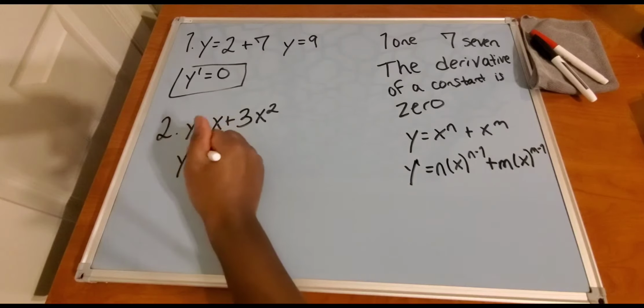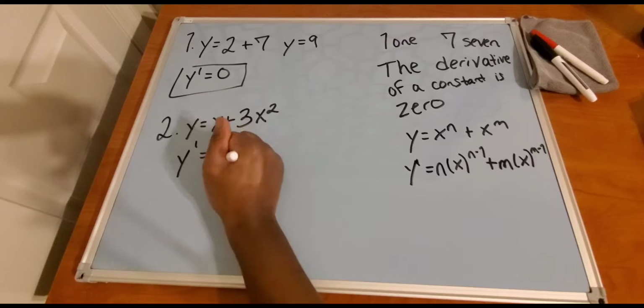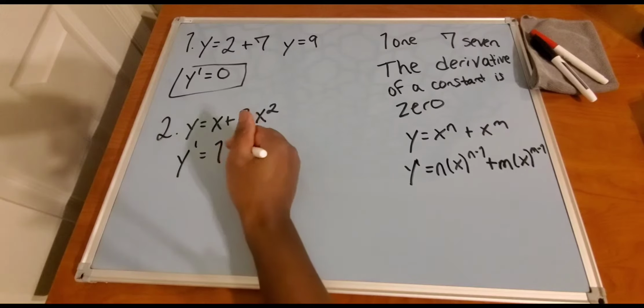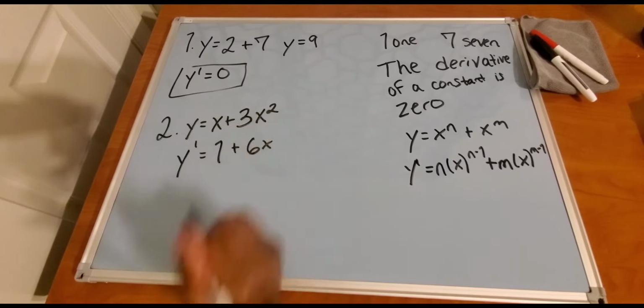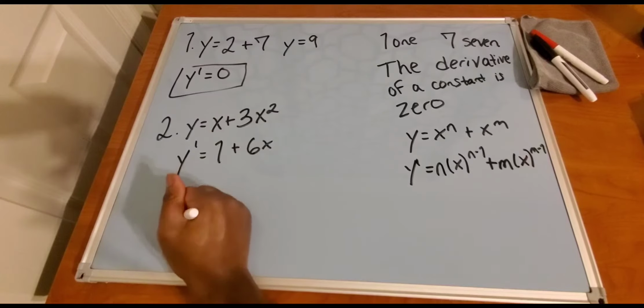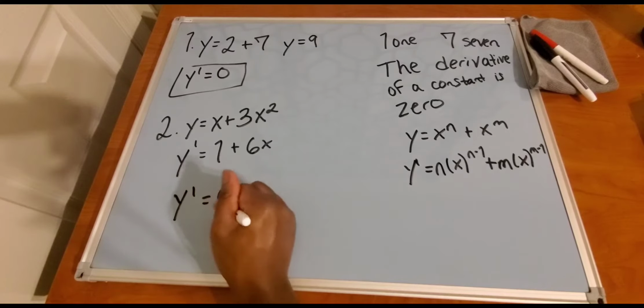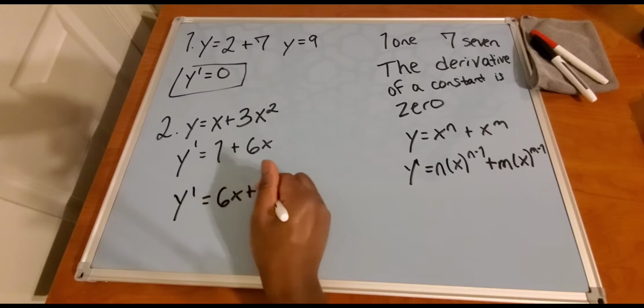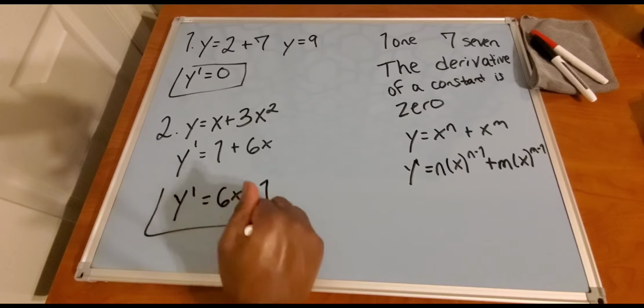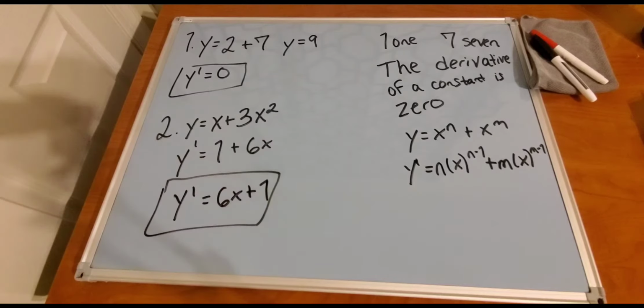So over here, y prime will be equal to 1 plus 6x. You can rewrite it if you want to, so we can say our final answer is equal to 6x plus 1. And that is our answer to number 2.